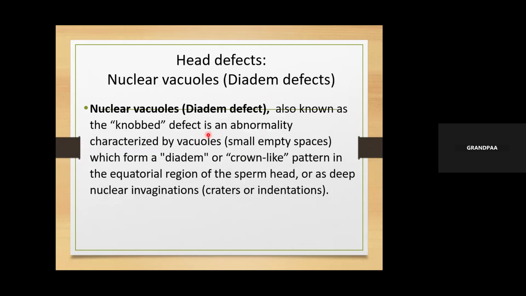When you have the vacuoles, remember we said that if you have one or two small vacuoles, just as you have some little remnant of cytoplasm, they are all normal. Once they go beyond a certain size, especially with the cytoplasm, then they become the excess residual, which is now an abnormality.